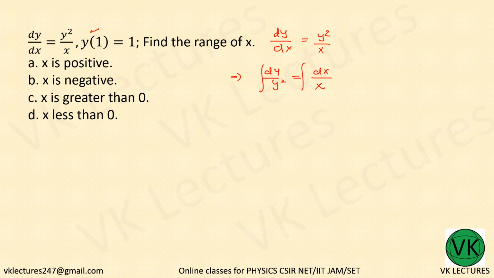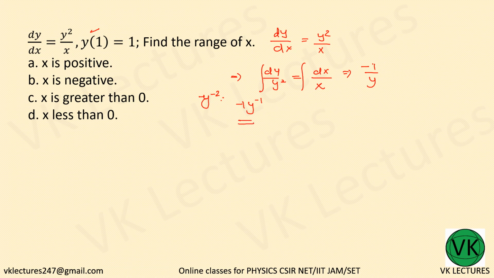So simple integration, what you get is minus 1 divided by y. This is y to the power minus 2. When you integrate, you will get minus 1 y to the power minus 1. That's all.